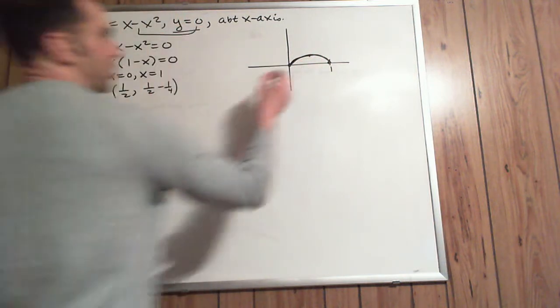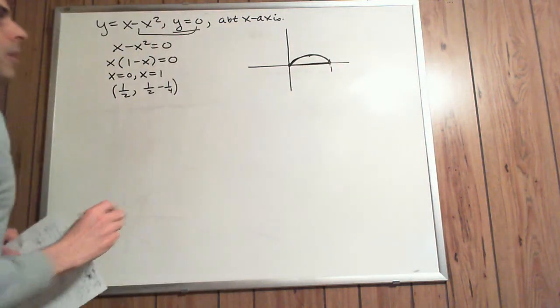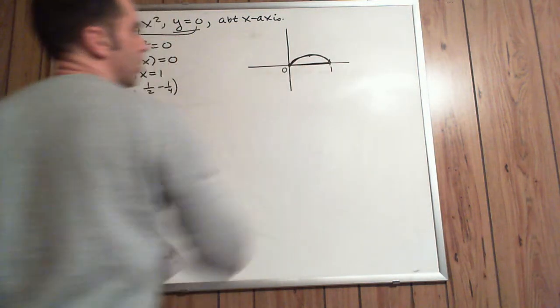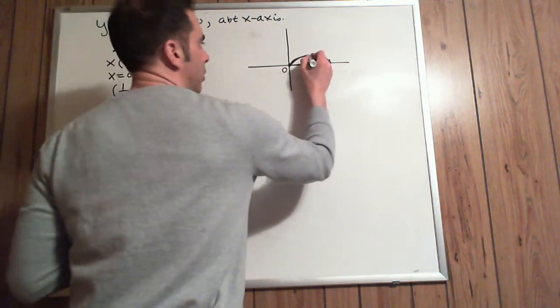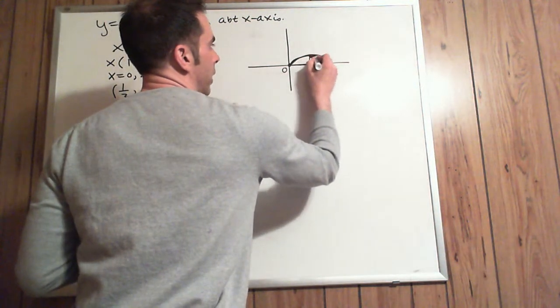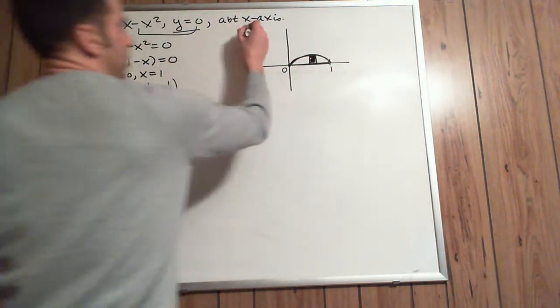The x-axis is y equals 0. So then this is 0 right here. So that's the area. So I draw my rectangle vertically, and we're going to revolve it about the x-axis, which is here.